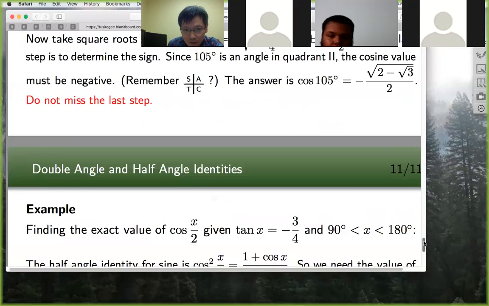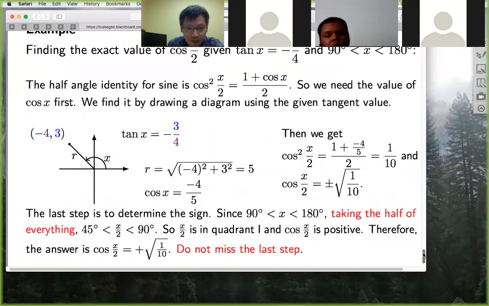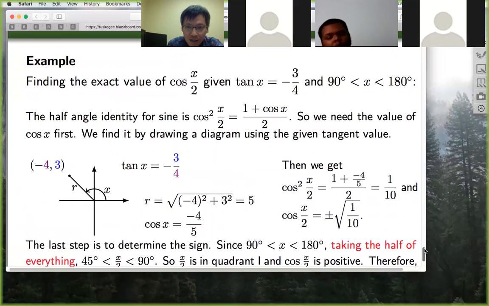The last type of example is when you are given a value, but not the specific angle. So if you're just given a ratio, say, in this question, you're given the tangent ratio. Again, you have to draw a triangle and use the sine, cosine, tangent, the quadrants to determine the sign and go from that.